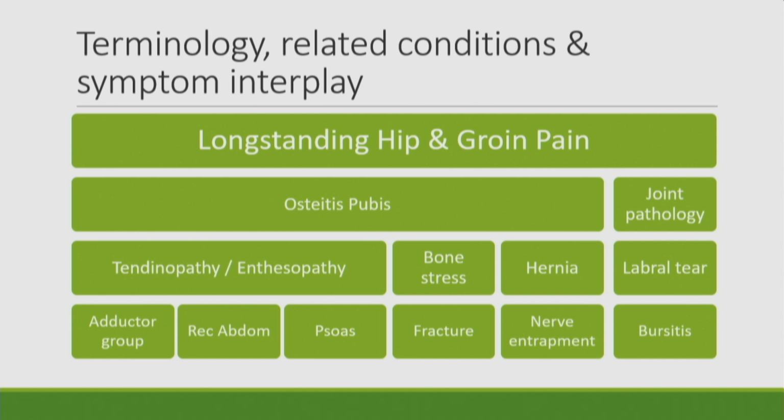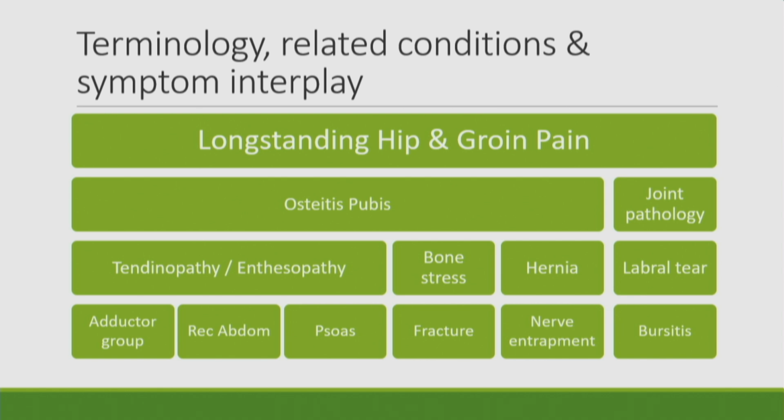Outside of that we could see like a bursitis, so something that's close to the joint but not actually in the joint. Then we look at the osteitis pubis umbrella term, which is lots of different things that it can encompass as well. The broader is a tendinopathy or an enthesopathy. I can always say that word not quite right, but the enthesis is the part of where the tendon inserts into bone. So it can be considered the same thing as a tendinopathy.